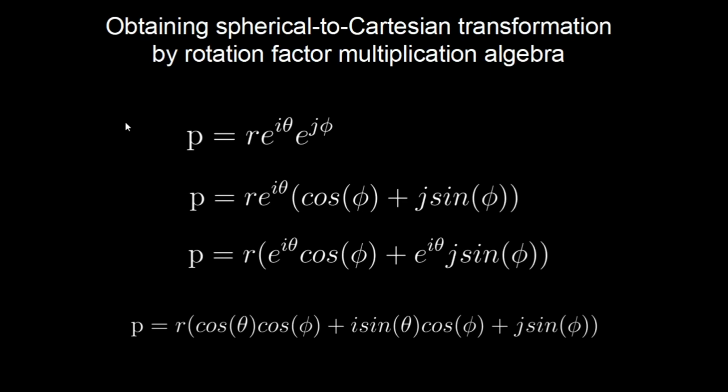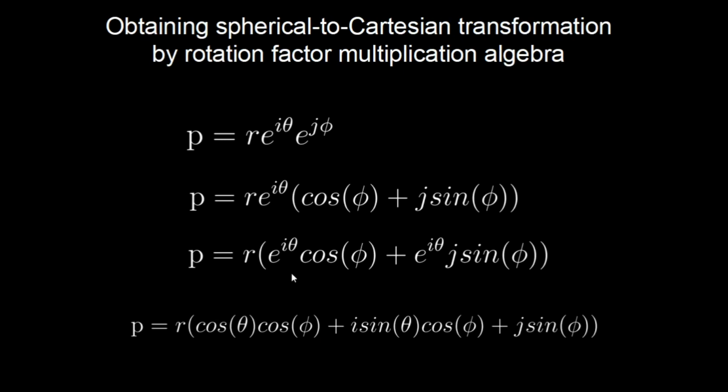Previously, we obtained the spherical to Cartesian transformation by geometry. Next, we will show that the transformation can also be obtained by rotation factor multiplication algebra. This is the formula for the position number in spherical coordinates. Using Euler's formula for the J associated rotation factor, we have this result. Multiplying the I associated rotation factor to these two terms, we have this equation.